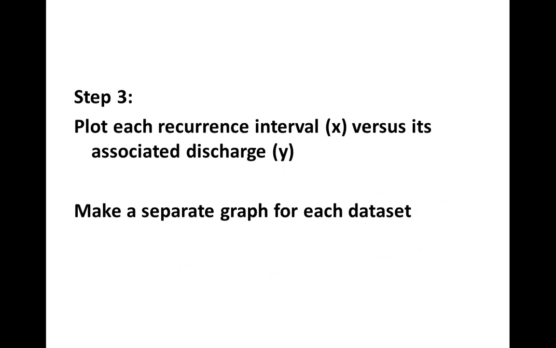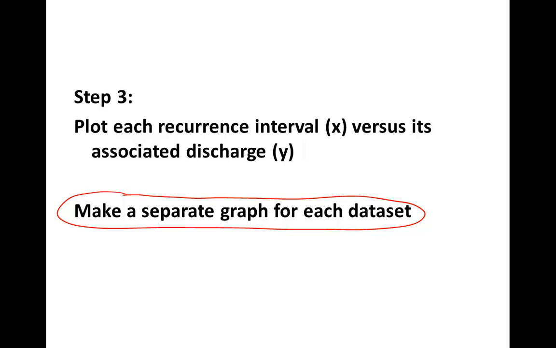The next step is make one graph for each data set. In other words, make a separate graph for each data set. Your recurrence intervals are similar, but the discharges associated with each of those recurrence intervals changes.